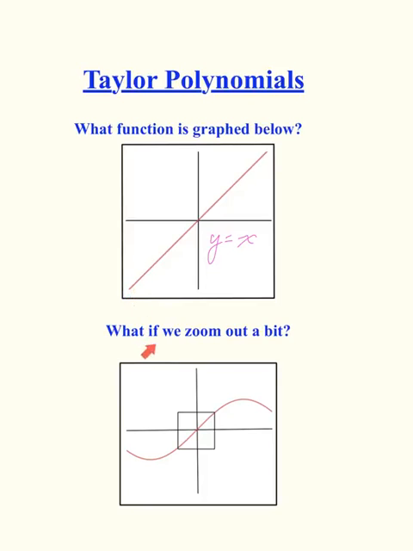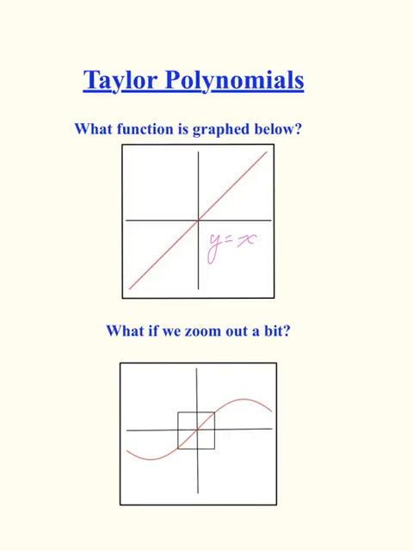If you zoom out of this graph a little bit, what you see is actually this graph right here, and this box is what we actually zoomed in on in the first graph. Locally, this part of the graph does mimic the equation y equals x. It is very close to being a linear function.